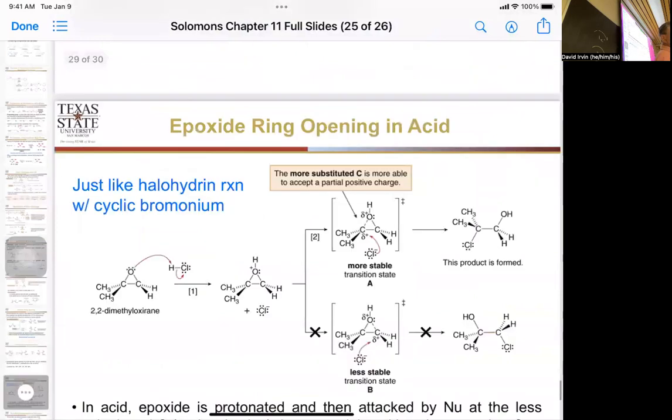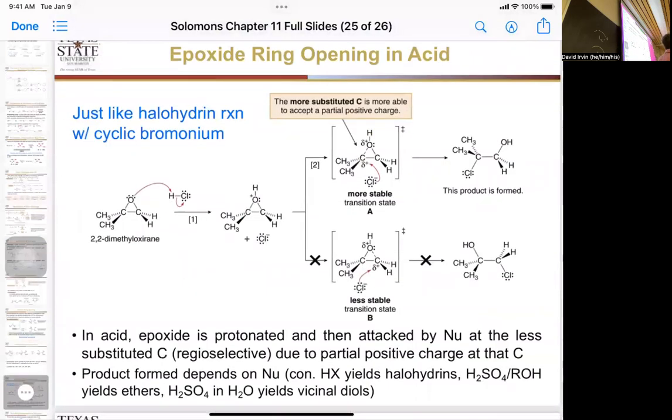Okay, questions on the acid opening of our system? What if both carbons are the same, the same number of substituents? Then it'll be symmetrical no matter what. You can't tell. Yeah, but that's a great question.